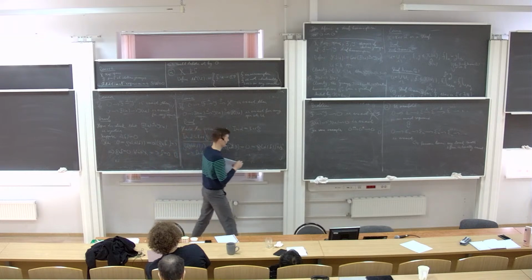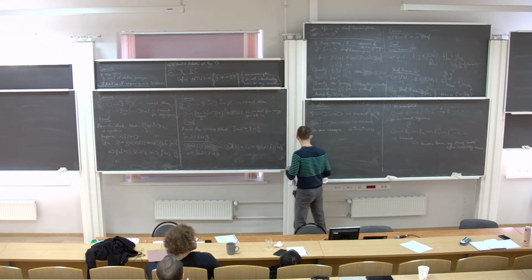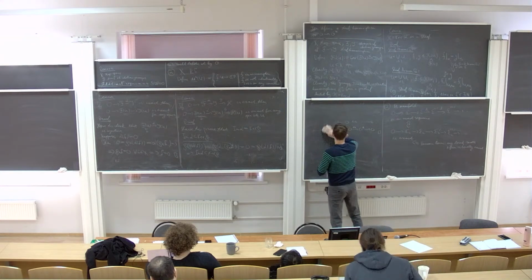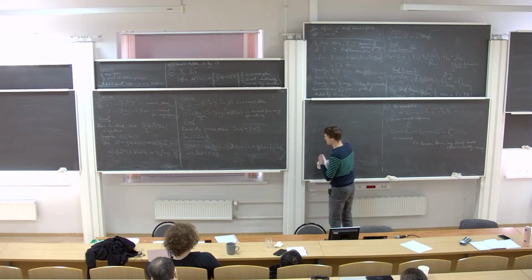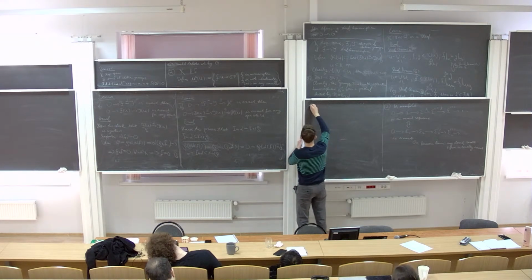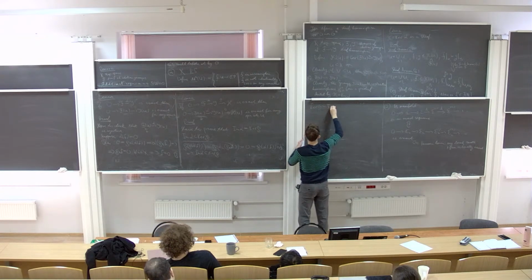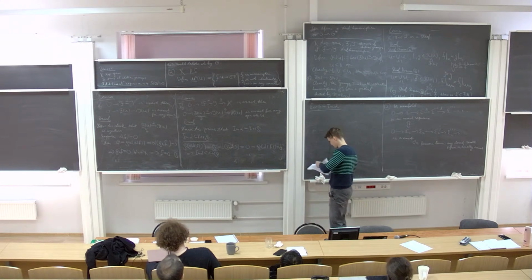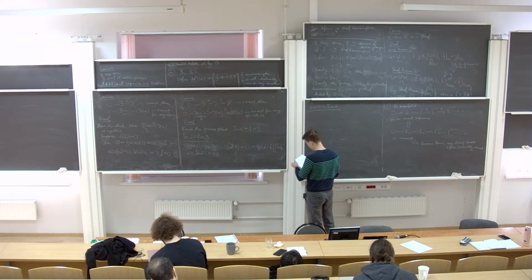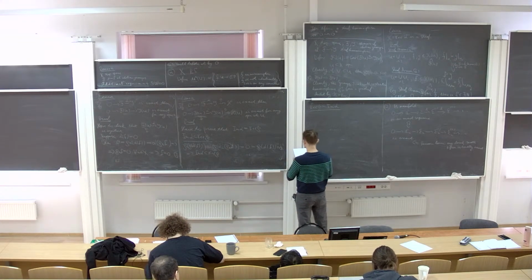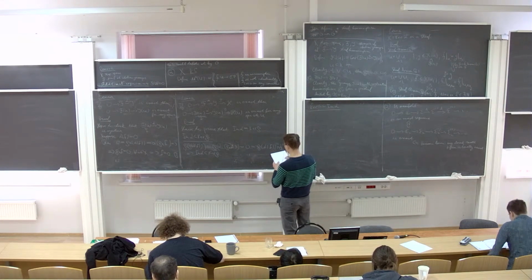And so this implies that the image of alpha is in the kernel of beta. Okay, let us do a bit more interesting part: that the kernel of beta is inside the image of alpha. So what do we do?